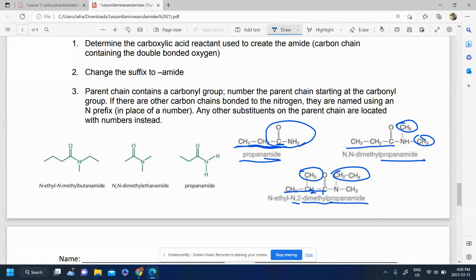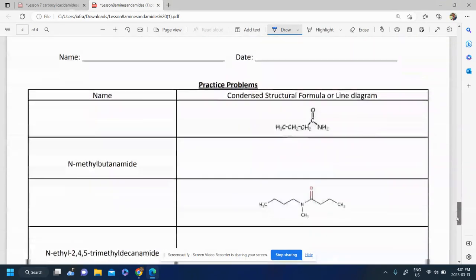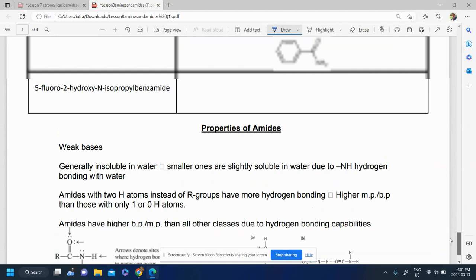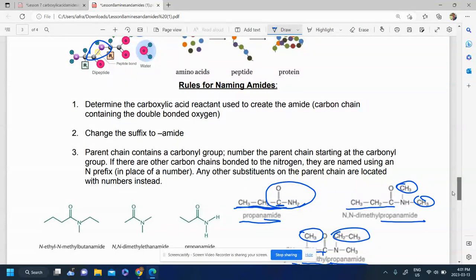Typically for amides, what we do is we list the substituents on the N first, and then we list the substituents on the carbons second. And then we follow alphabetical order within that naming rule as well.